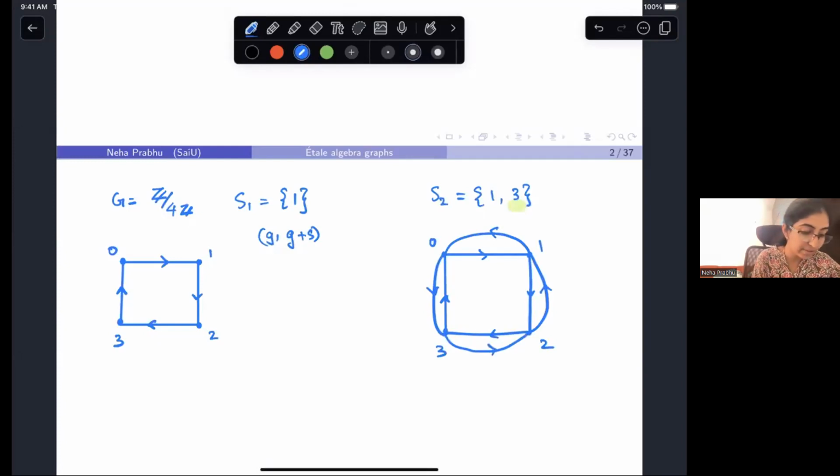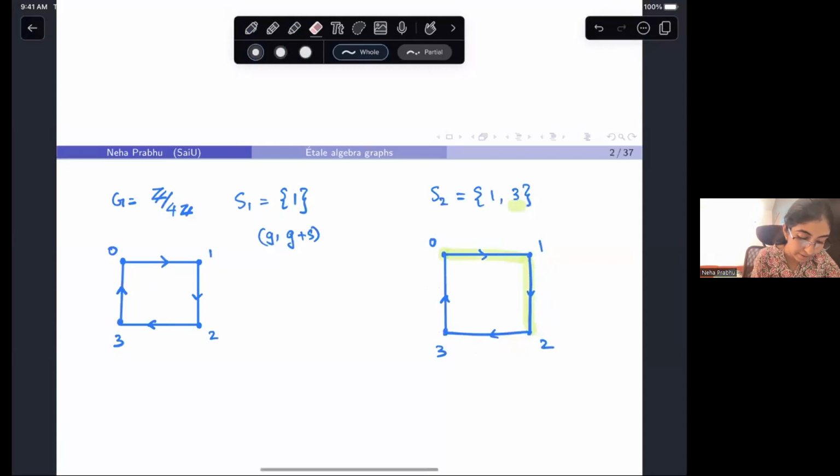Now you notice in this graph, every vertex has two edges going back and forth. Between 1 and 2, there's one going from 1 to 2 and the other going from 2 to 1. So we just identify these. We'll make the graph look simpler by removing the arrows, so this becomes an undirected graph.